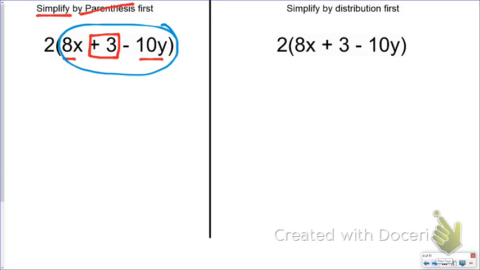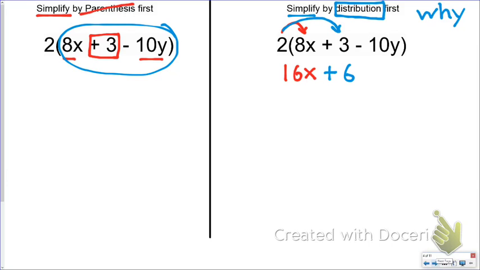My only method is to use distribution, and this is why. This is an example of exactly where we'd want to use distribution. So I can simplify this expression by using distribution. 2 times 8x becomes 16x. 2 times positive 3 becomes positive 6. And finally, 2 times negative 10 becomes negative 20y.